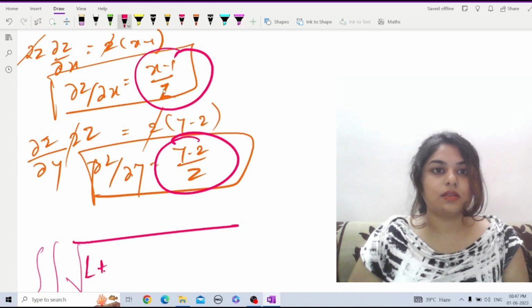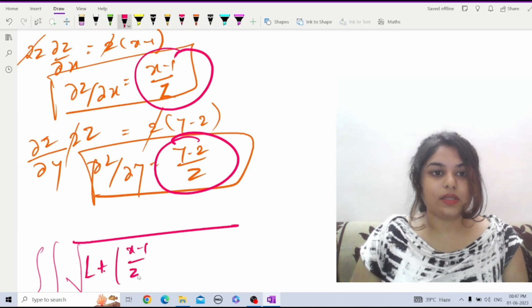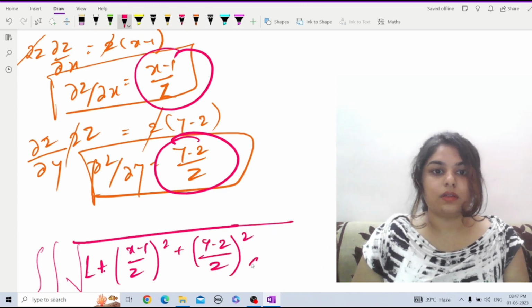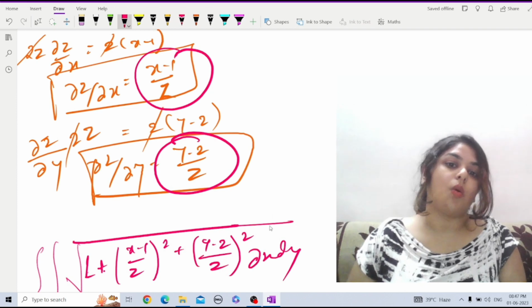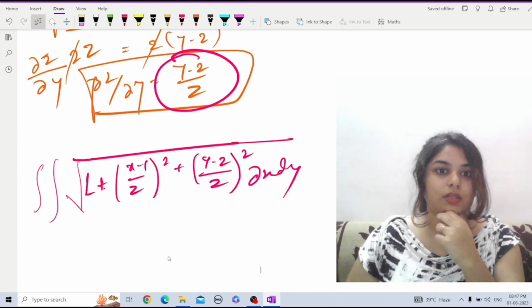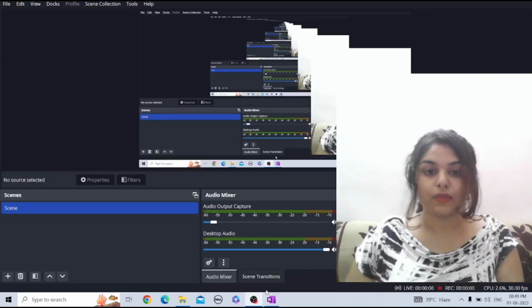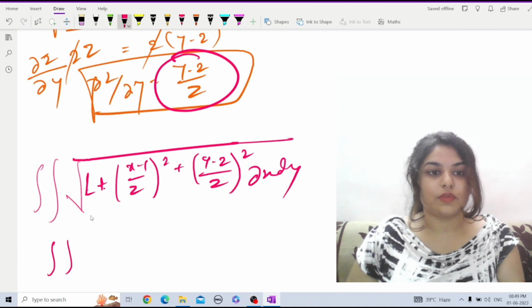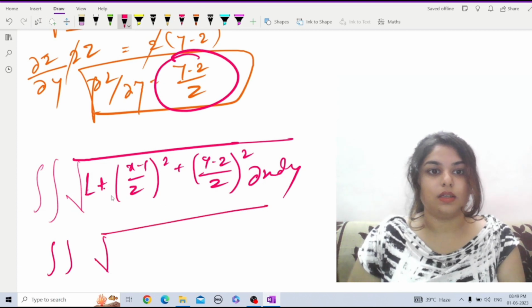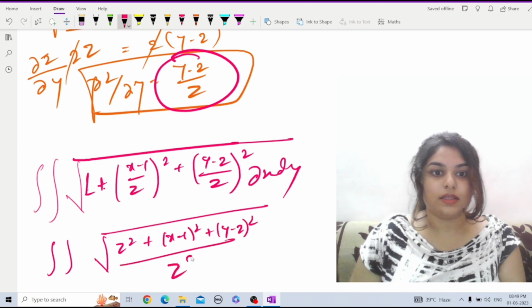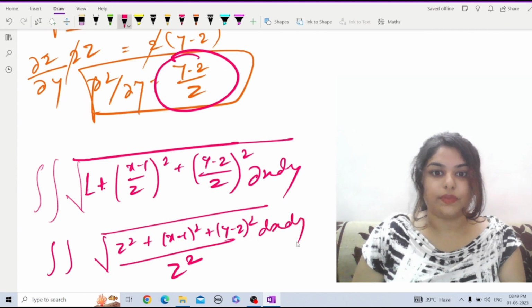So 1 plus ((x minus 1) by z) whole square plus ((y minus 2) by z) whole square, delta x delta y. Now we have to integrate, so let us take the LCM. We get z square plus (x minus 1) whole square plus (y minus 2) whole square, by z square, into dx dy.